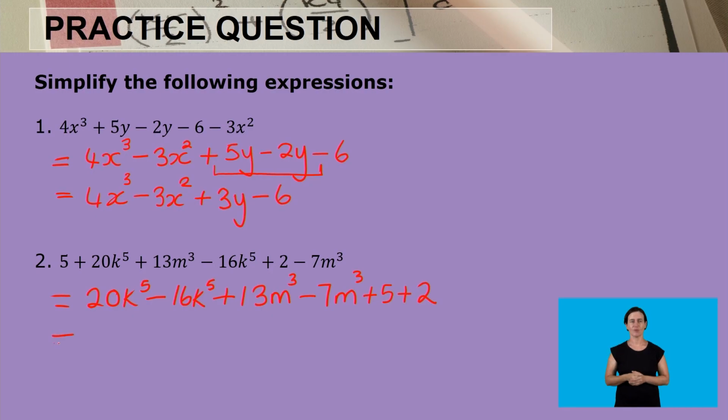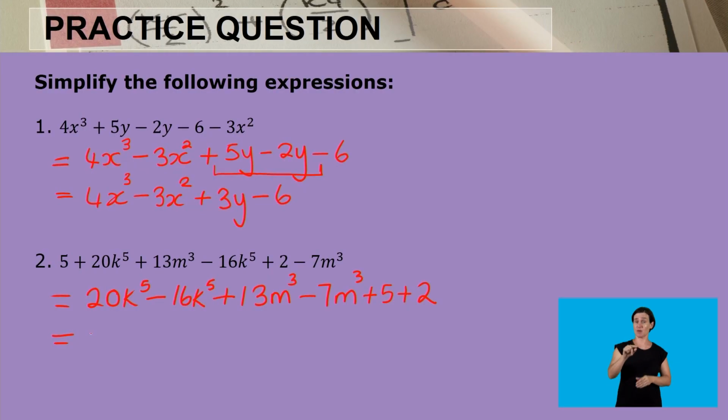So now we can see the like terms better. So 20 minus 16, we can subtract those two because they are like terms, the same variable with the same exponent. 20 minus 16 is of course a 4, and we are going to keep that variable with the exponent.